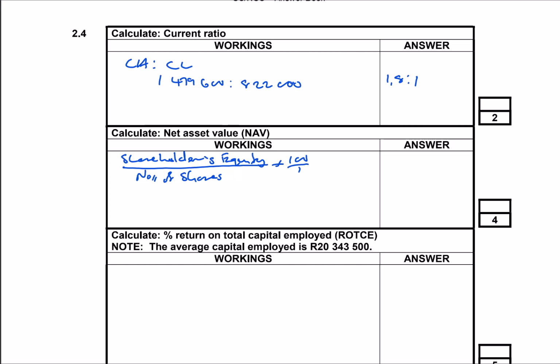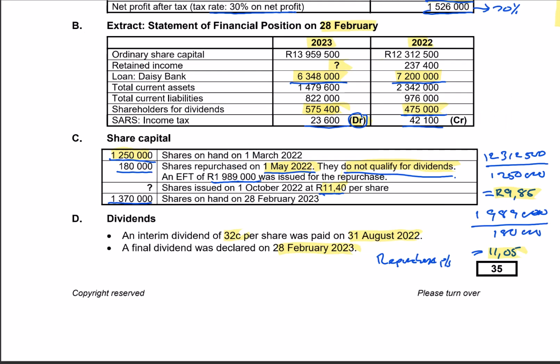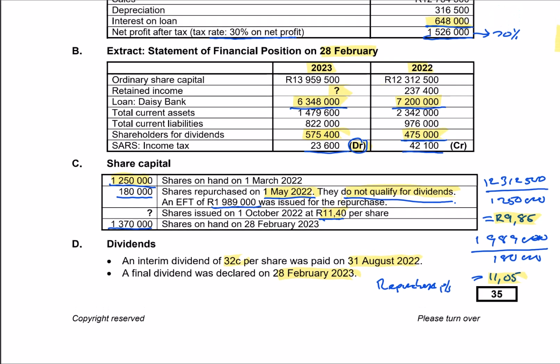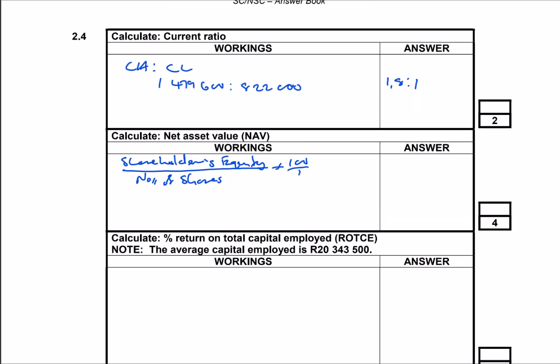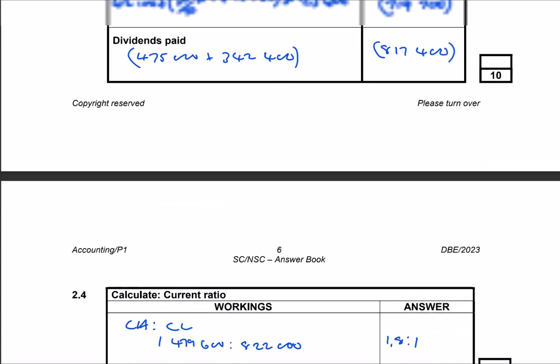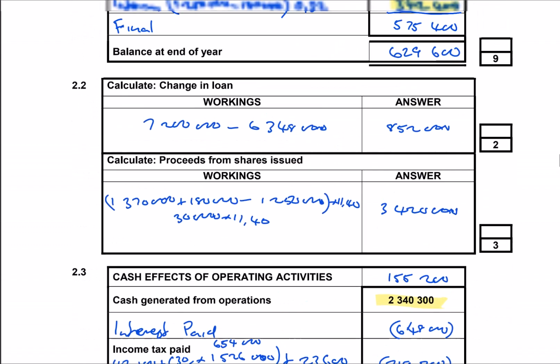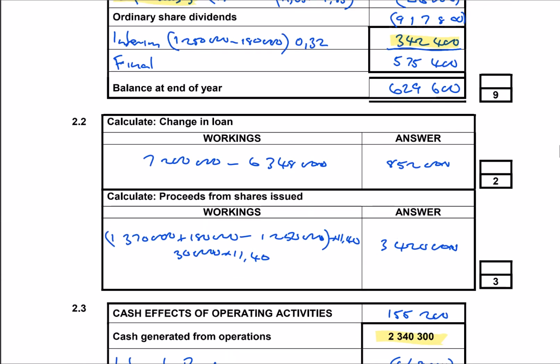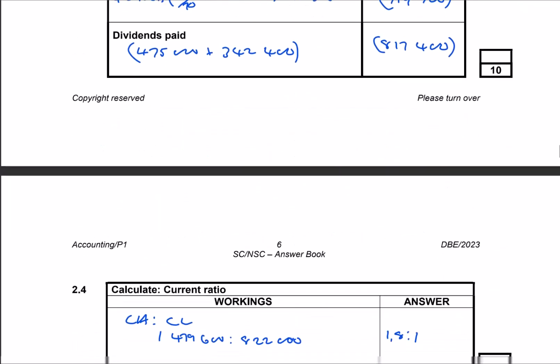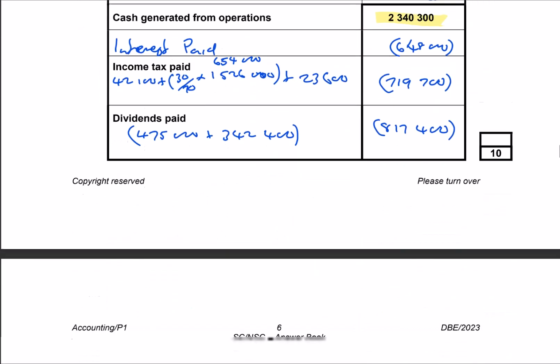So our shareholders' equity in this question is ordinary share capital plus retained income. Our ordinary share capital is 13,959,500, plus we calculated our retained income, 629,600, that's the closing balance.